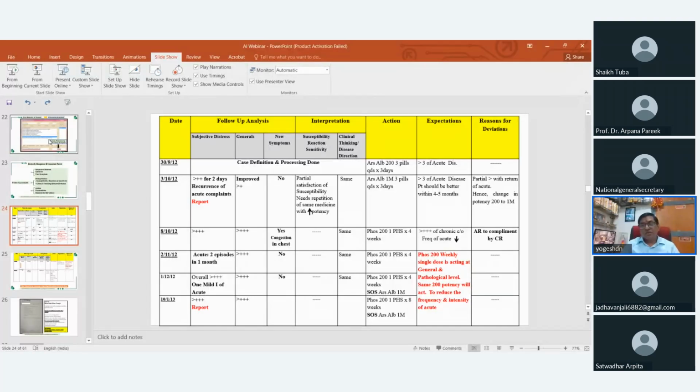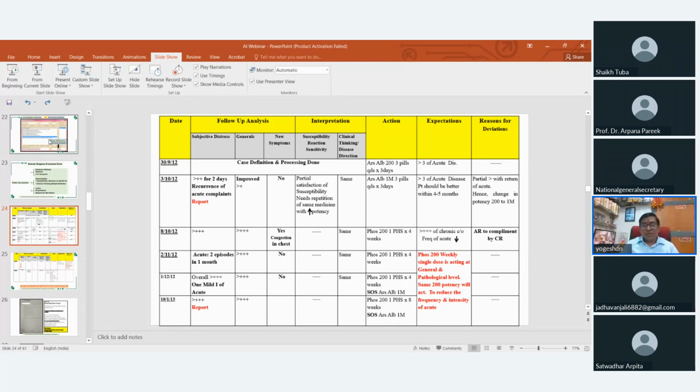And overall, now she had responded to our acute medicine in a moderate dose. We are giving it now in a higher potency. Generals are improving. That is one of the best sure-shot signs that the patient is responding to the treatment. The medicine had registered, and now I am saying that the patient should be better within 3-4 months.